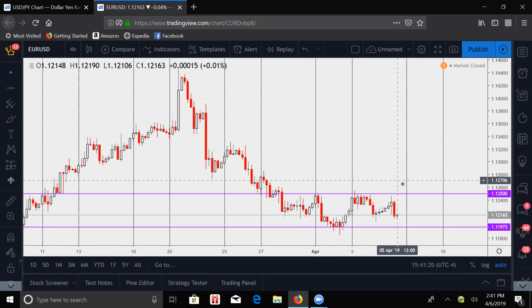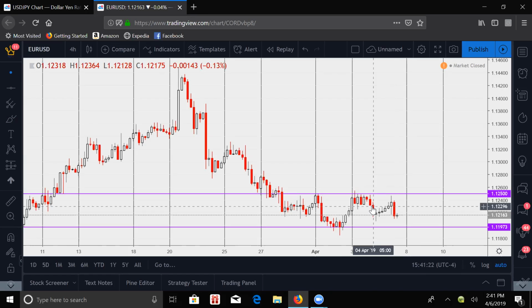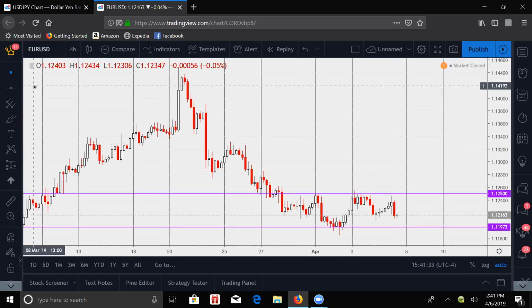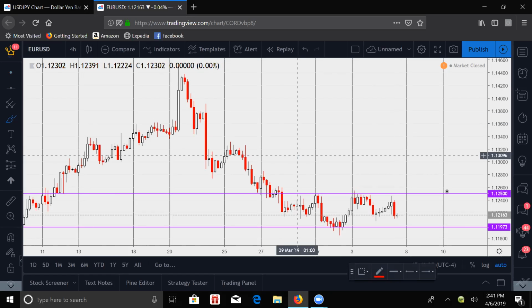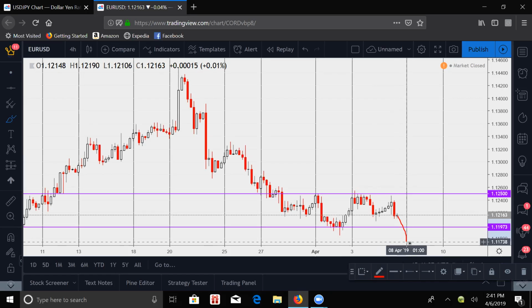Not until it breaks out of this area would I be comfortable taking a trade, having a clear, strong break, whether that's to the upside or to the downside. Either going down and coming back and retesting this level and then continuing the downtrend, or breaking up to the upside with a strong break and then retesting and then going up.